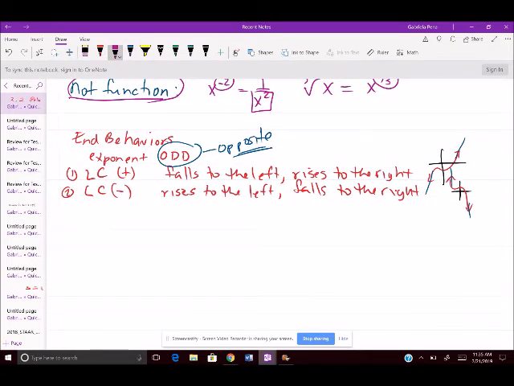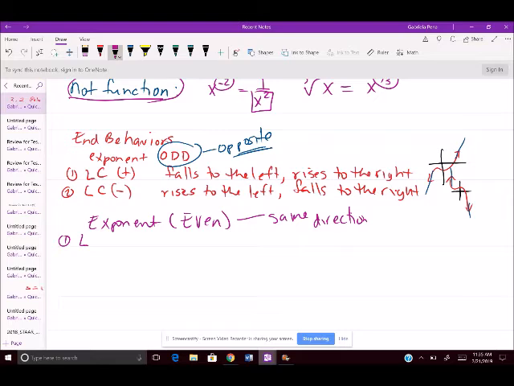Now, if your exponent is even. Just so you know, they go in the same direction. Just in case you forgot.